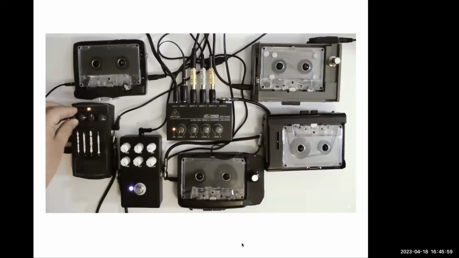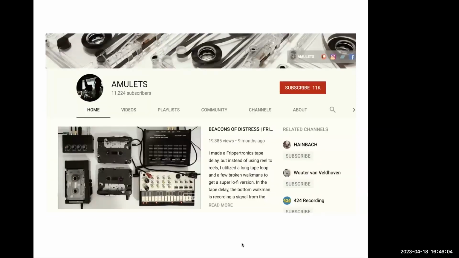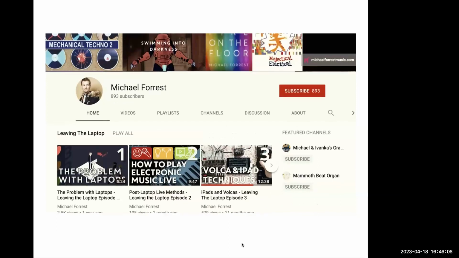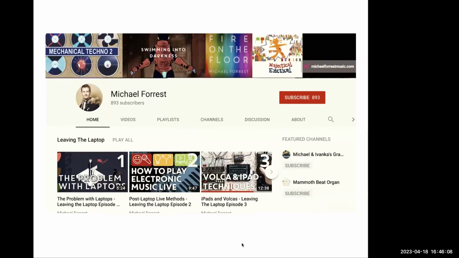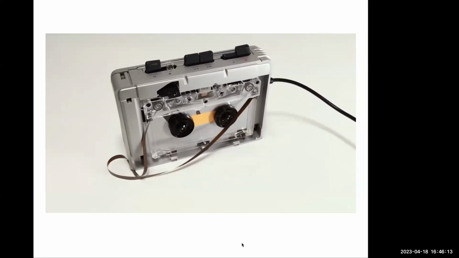And with each looping device running at different lengths, new combinations of sound will just keep developing over time. I highly recommend checking out both Aleatoric's and Michael Forrest's channels, and I've put relevant links below in the description. We'll come back to the idea of using looping for textural purposes in just a second.